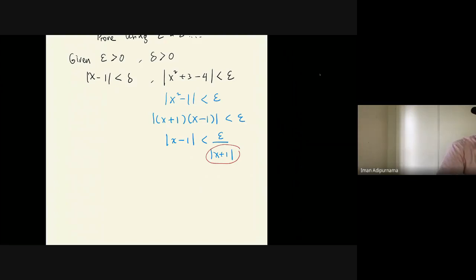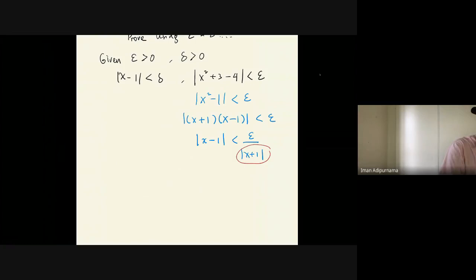So let me draw some line here. This is 1. Let me draw this is 1 minus delta, this is 1 plus delta. This is delta. Let me remind you that the delta is really small, right?